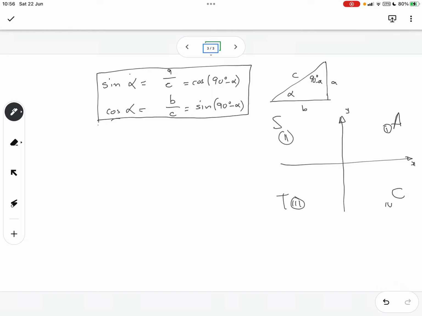Now, if we have an angle theta, and we add 90 degrees to it, we are going to find ourselves in this quadrant here.